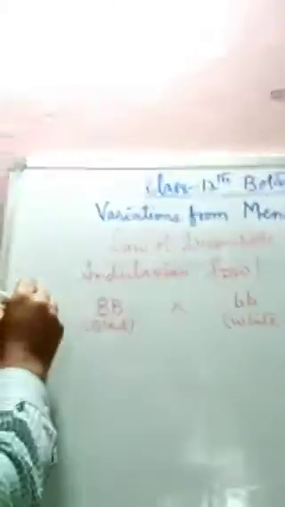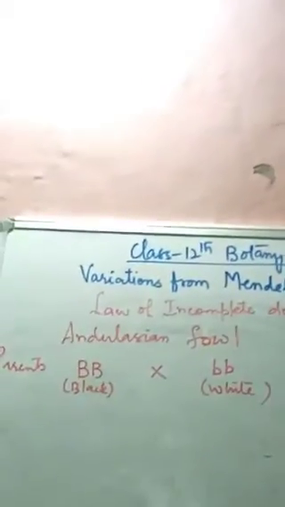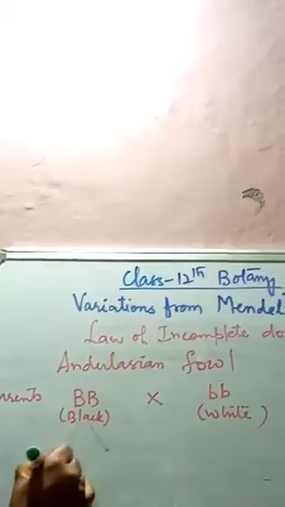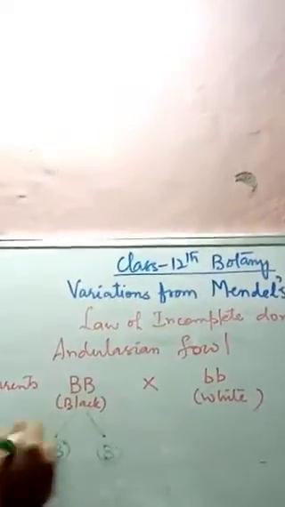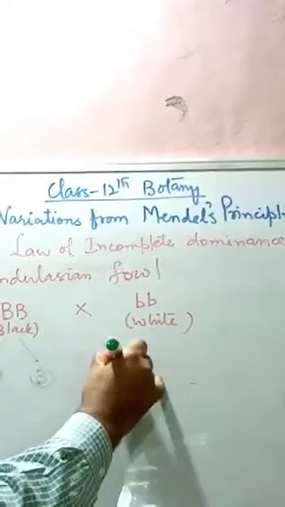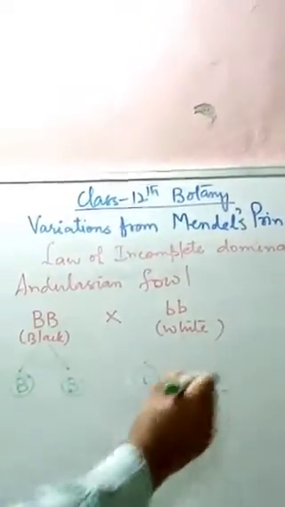These are dominant, and the other is white. These are the parents. Now let's find the gametes. What will be the gametes? Capital B, and small b and small b.